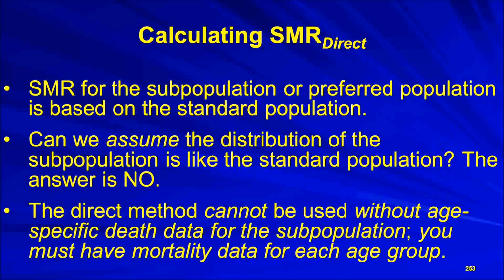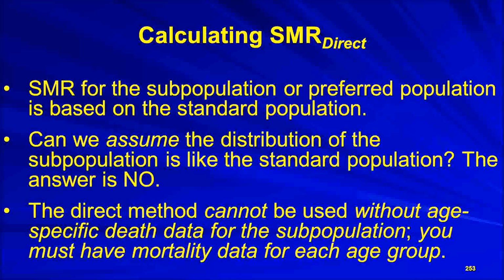Now let me see if I can give you an example. If I was going to ask you whether the Purdue University students were representative of the U.S. population, you'd answer no. Why? Because we have more young people.